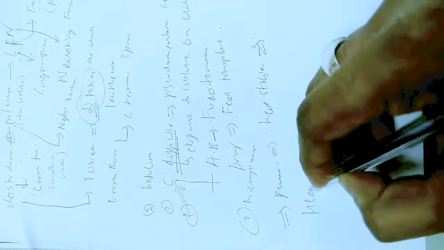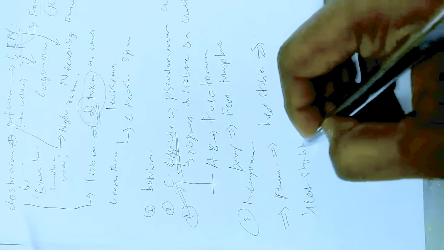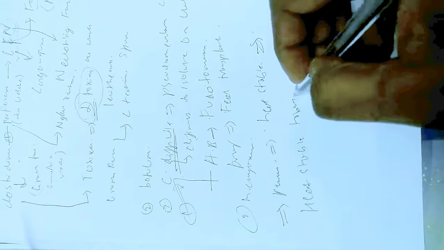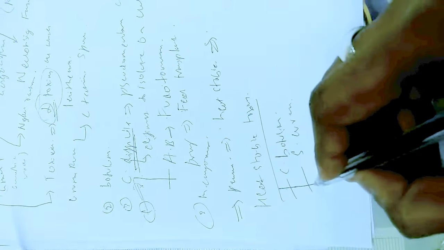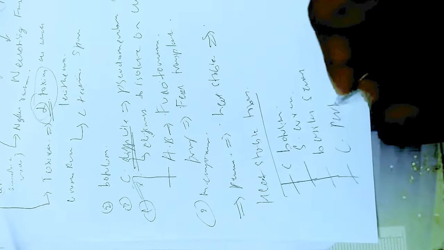You can remember the list of heat-stable toxins: Clostridium botulinum, Staphylococcus aureus, Bacillus cereus, and Clostridium perfringens.